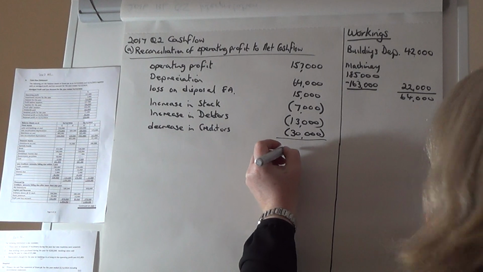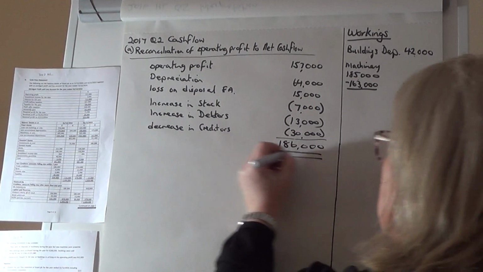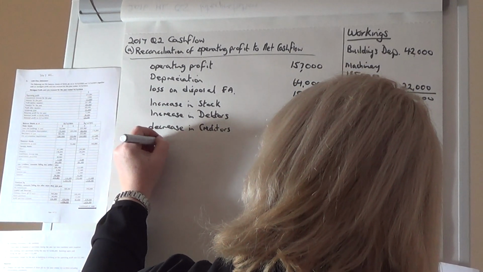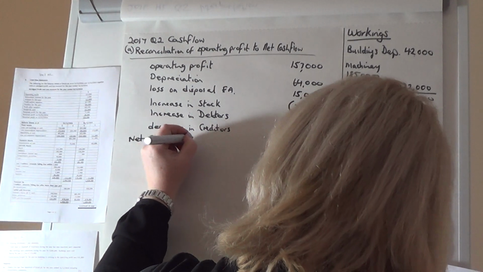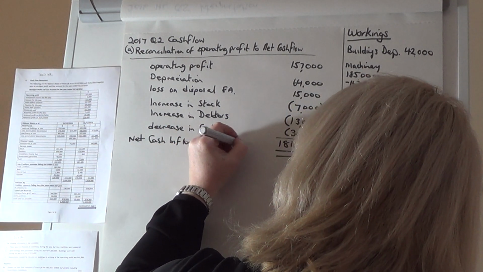So that tallies then at 186,000. And that is my net cash inflow from operating activities.